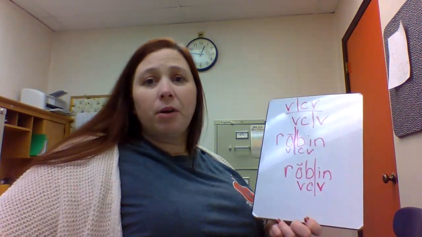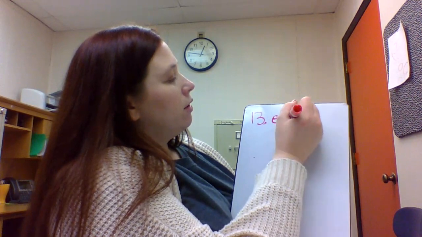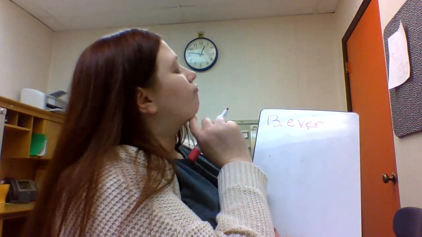Let's just get started practicing spelling some words, and then we'll get on to the coding, which is kind of where we learn a little bit more about this concept. All right, let's practice and spell the word ever. Number 13. I'll show you on the coding on this. Ever. If we had drawn a line here, the word would be ever, and that's not right.